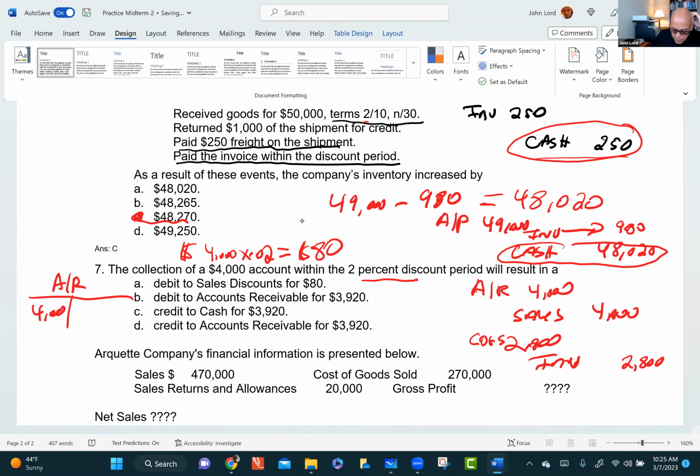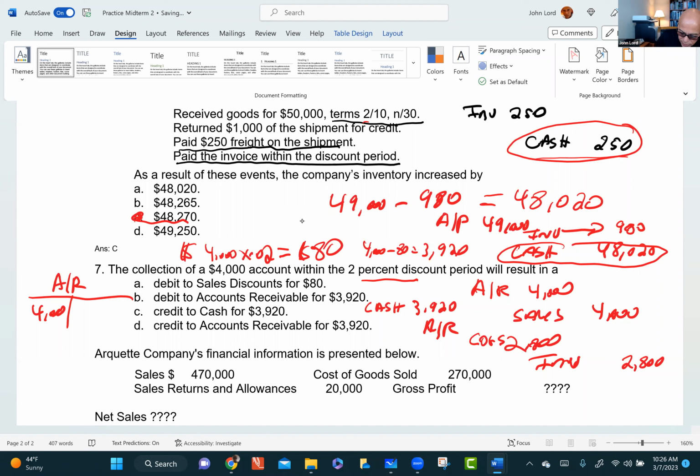So at the time that we collect the money, we're going to collect how much? 4,000 minus 80 gives me 3,920. So at the time that I collect this money, what's my debit going to be? Cash, 3,920. I'm going to get rid of that receivable.